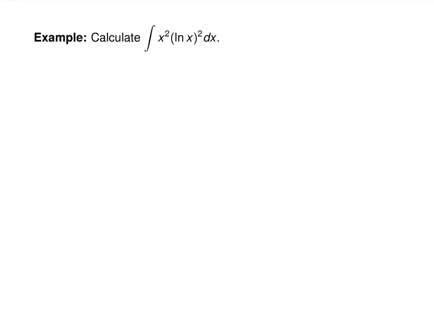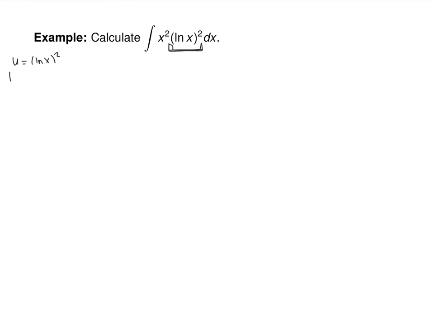Now this next one looks as if it might be kind of icky, but you just have to try something. So probably going to have to let u equal that complicated bit, because there's no way I can take an antiderivative of it. So you're forced to let that happen and just kind of hope it all works out for the best. So u is ln of x, the quantity squared.